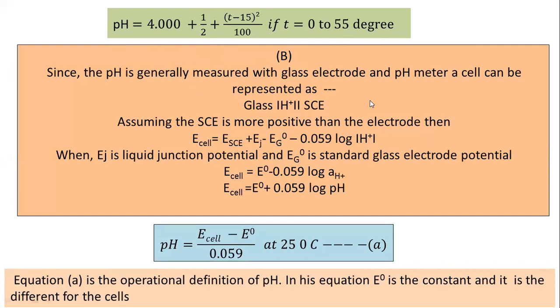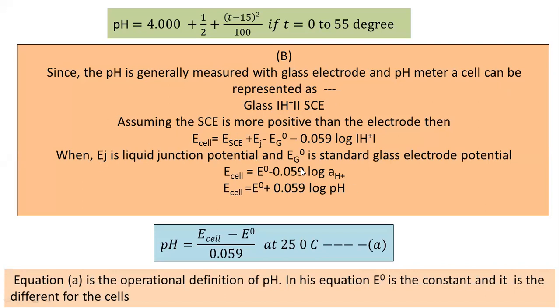Now there is another definition of pH. One is the operational definition, another is the normal definition according to the Sorensen scale, and this one is another. Since the pH is generally measured with the glass electrode, the pH meter cell can be represented by these mathematical equations.